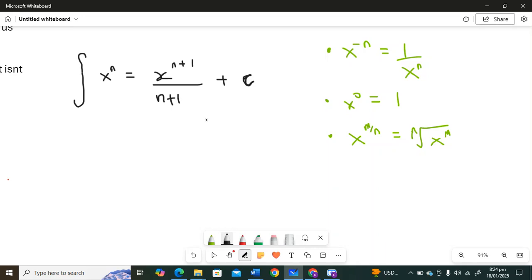This is the basic rule of integration, and each time you see that integral sign there, this is what's going to be happening. So let me give a small demonstration of this same rule.